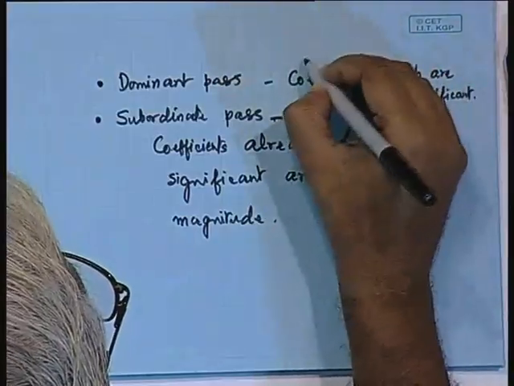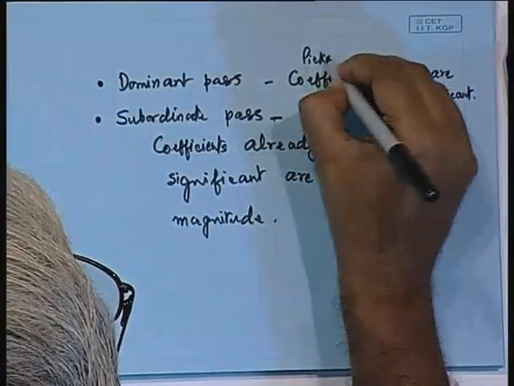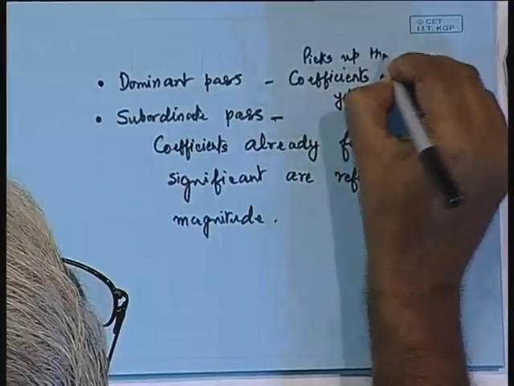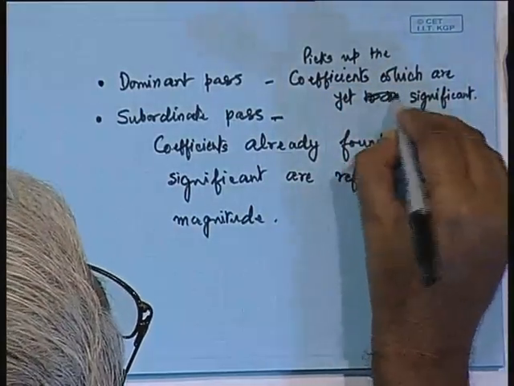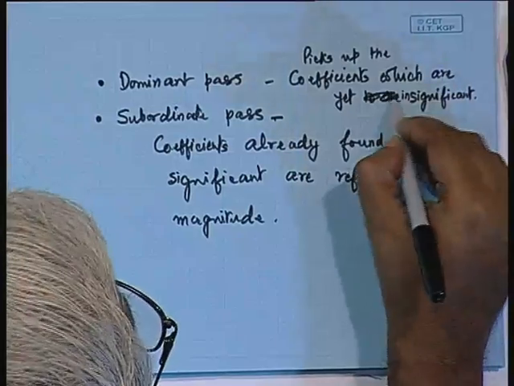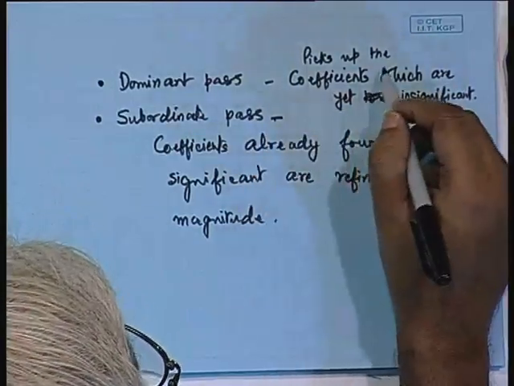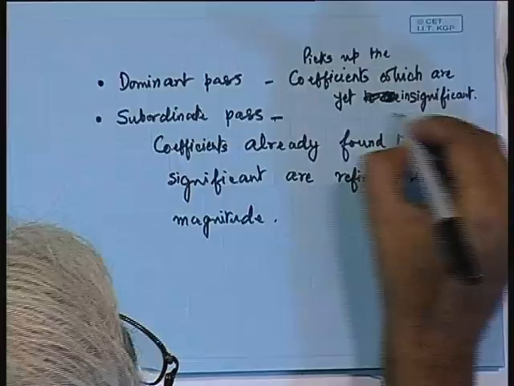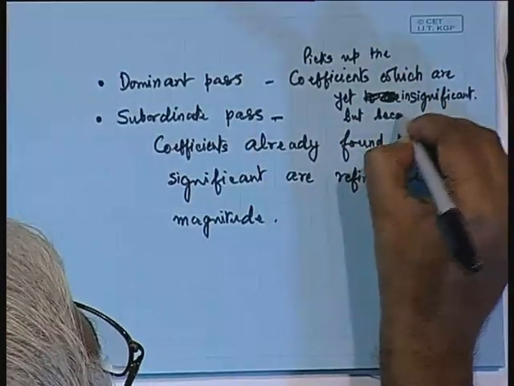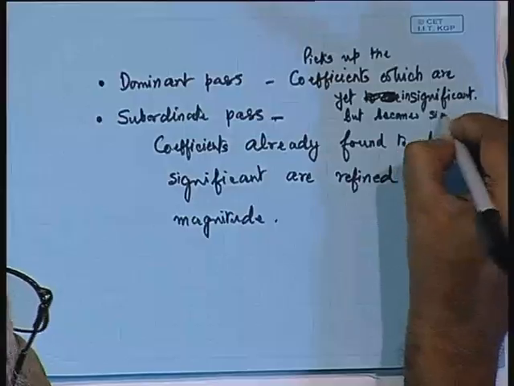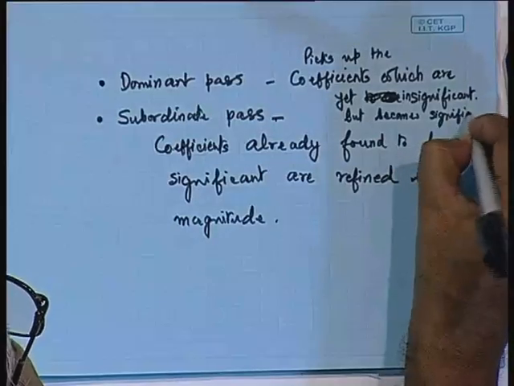That successive approximation is carried out in the subordinate pass, and the dominant pass basically picks up the coefficients which are yet insignificant. I mean, I should modify the language. The dominant pass picks up the coefficients which are yet insignificant, but become significant in the current pass.